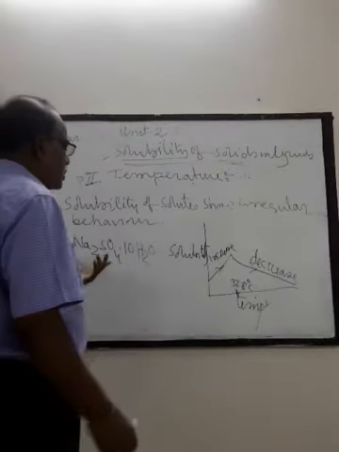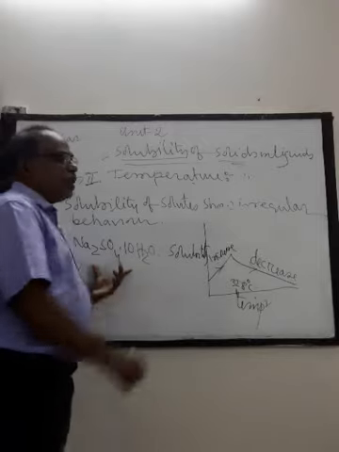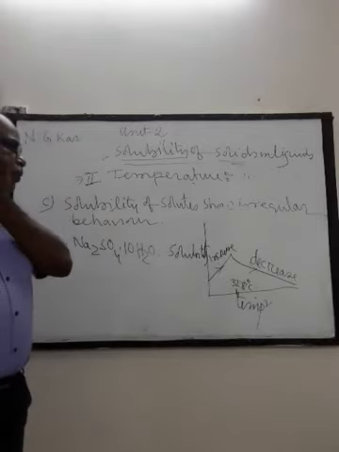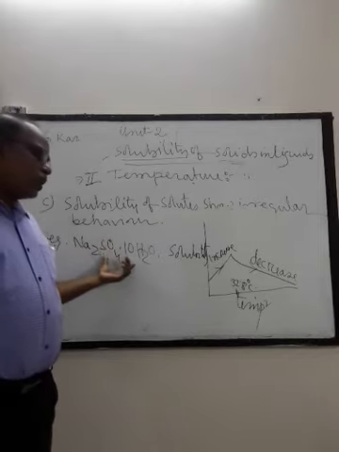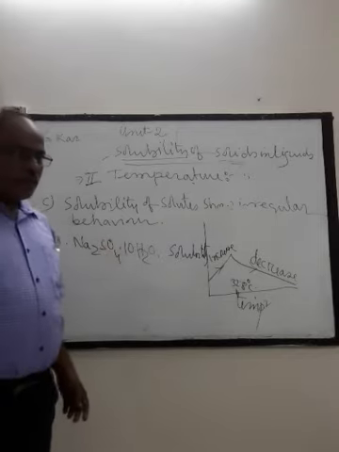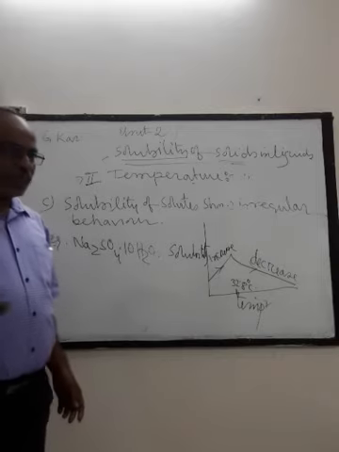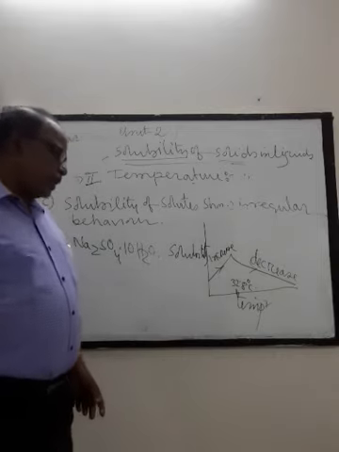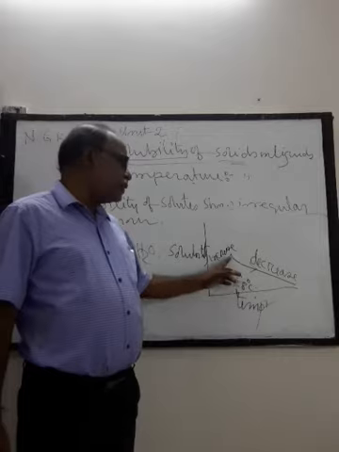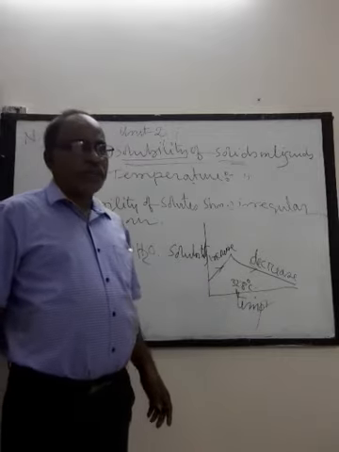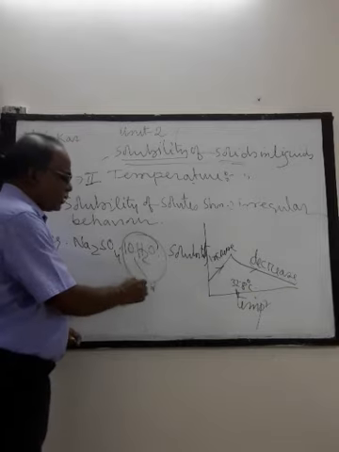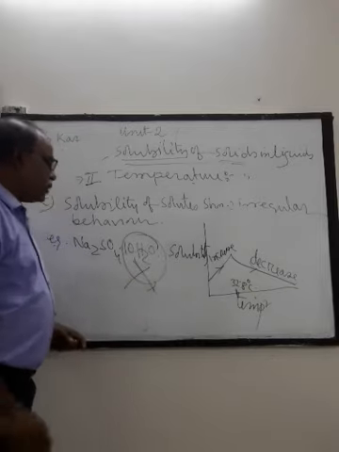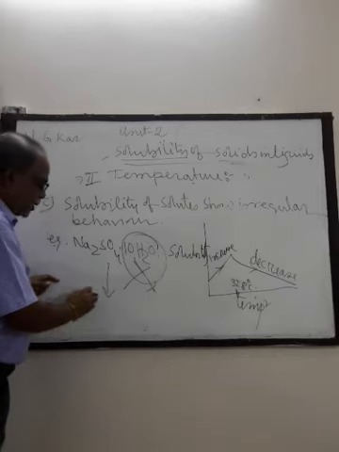Now what is the explanation behind such irregular dissolution? When sodium sulfate decahydrate is treated in water, as temperature increases, solubility increases. When the temperature reaches 32.8 degrees centigrade, it loses its 10 water and becomes anhydrous.